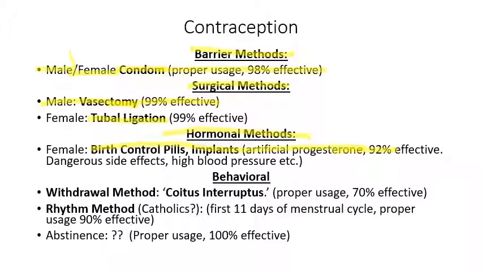It's only 92% effective when it works, and it has dangerous side effects on the woman's health, including high blood pressure, and even higher blood pressure if the woman smokes. So it is a bit dangerous, but nevertheless it is common because, let's be honest, the male doesn't have to do anything, and the woman is taking responsibility for birth control entirely on herself.